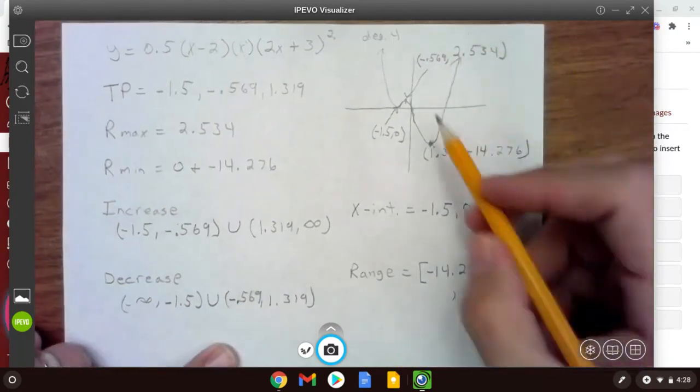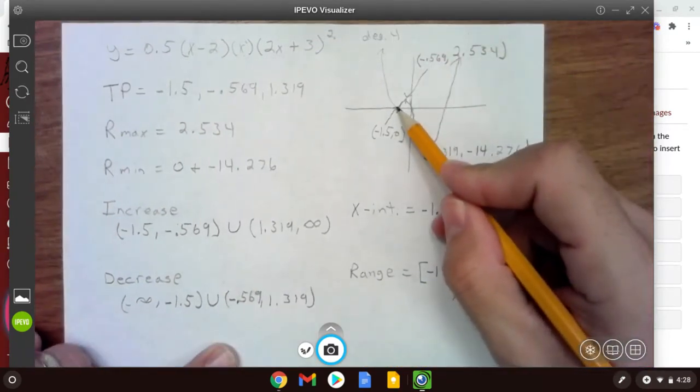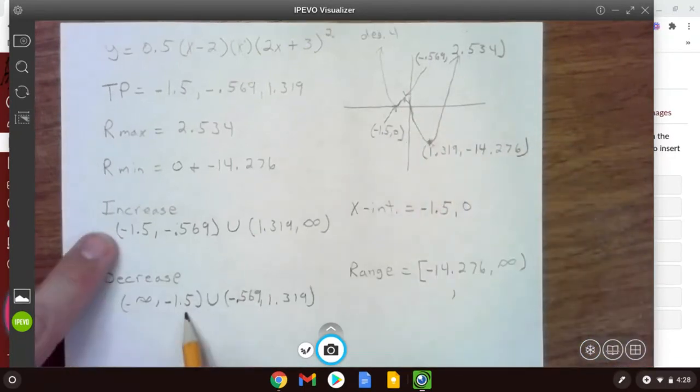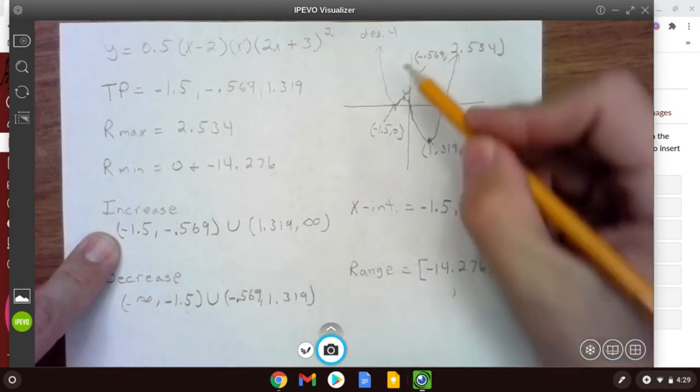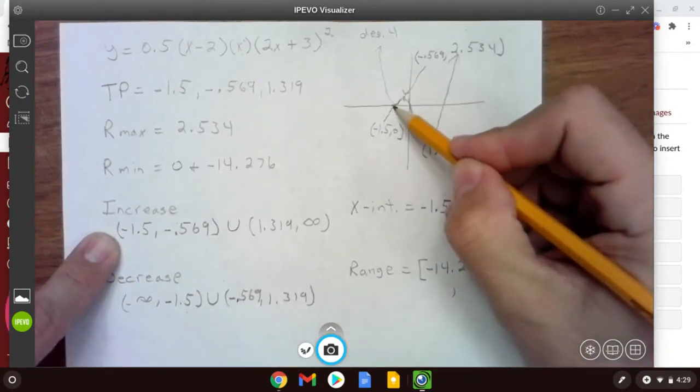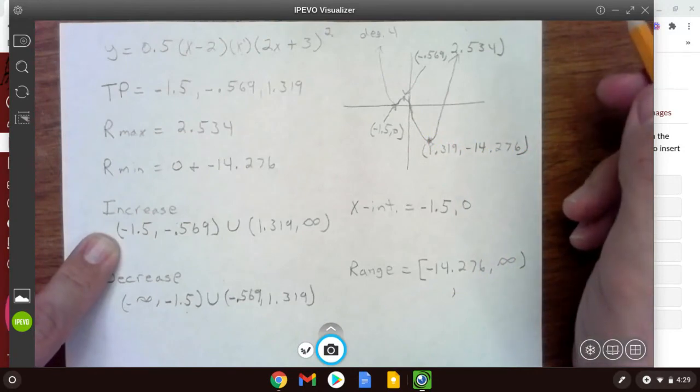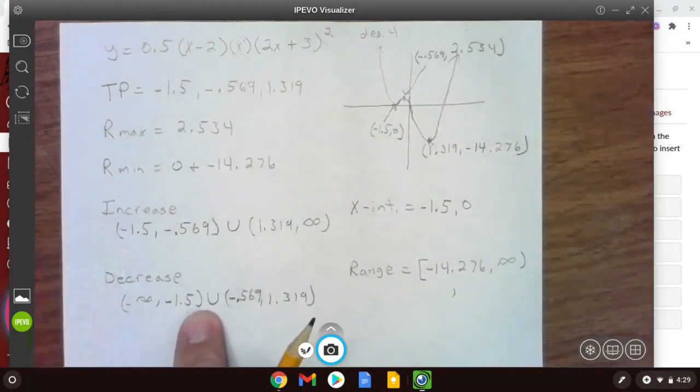At that particular spot, at negative 1.5, it's neither decreasing nor increasing at that one x value. So that's why we put parentheses around the numbers when we're talking about interval notation for increasing and decreasing.